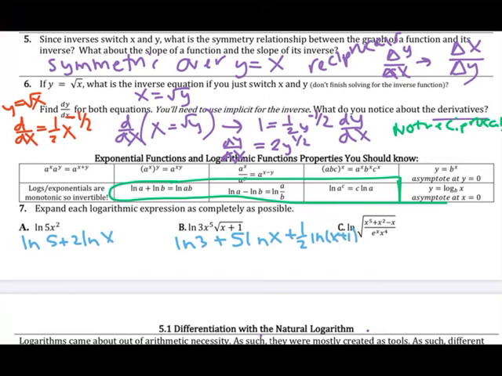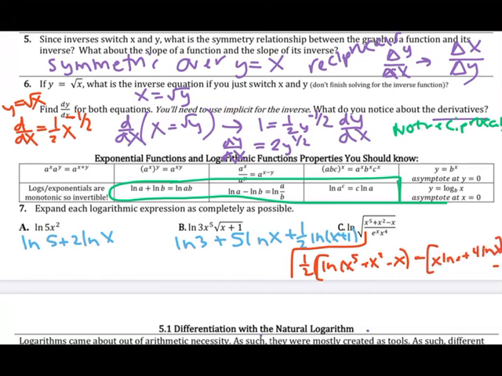And then part C is going to get a little bit messy, but I'm going to try and fit it in here. It's going to be 1/2 times the natural log of the numerator, x squared plus x to the 5th plus x squared minus x, minus that denominator, natural log of x natural log of e, plus 4 natural log of x.